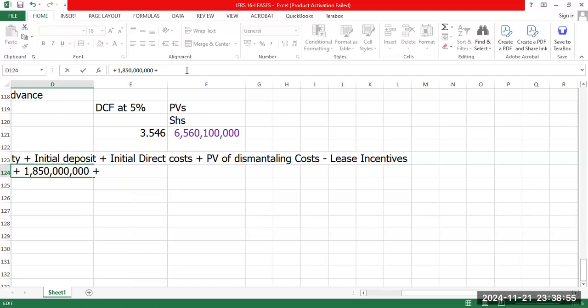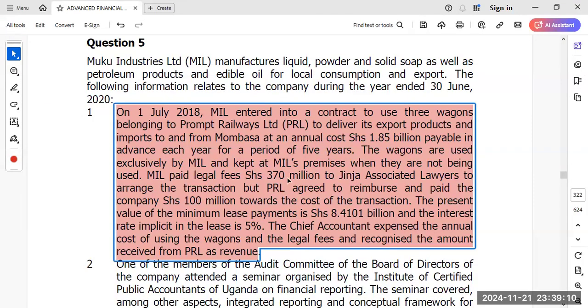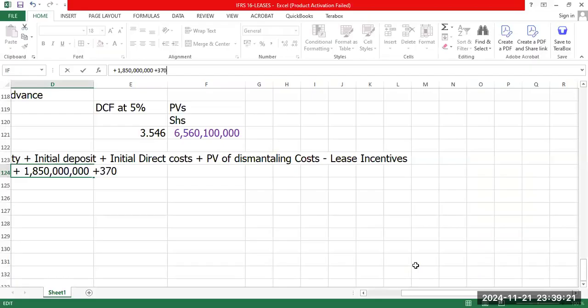We have legal fees in the question. Legal fees is of how much? This is our direct cost. 370 million. We don't have dismantling cost, 0, minus lease incentives.